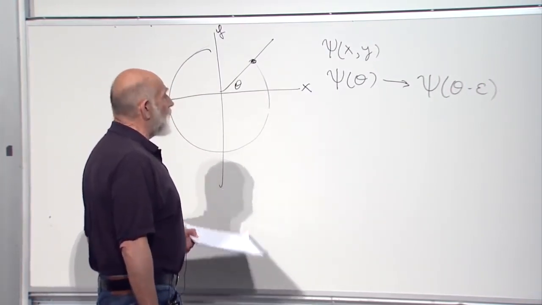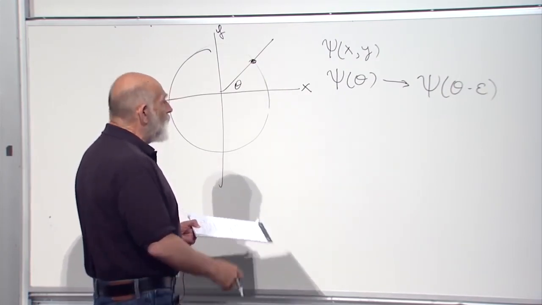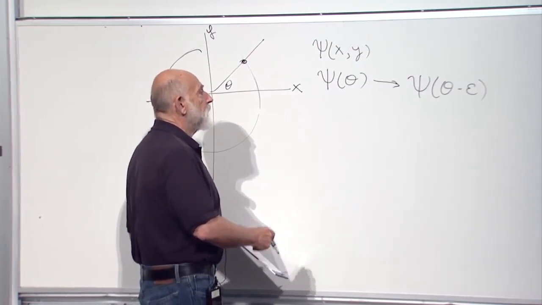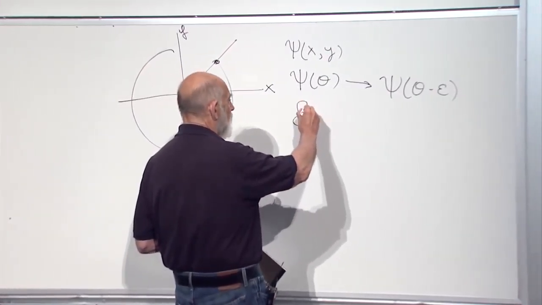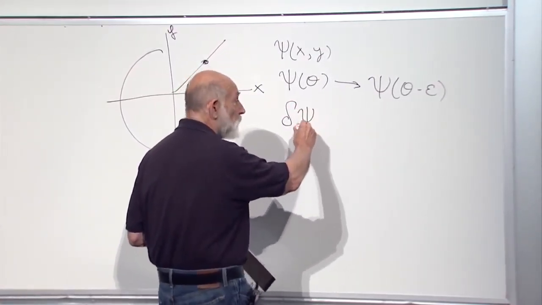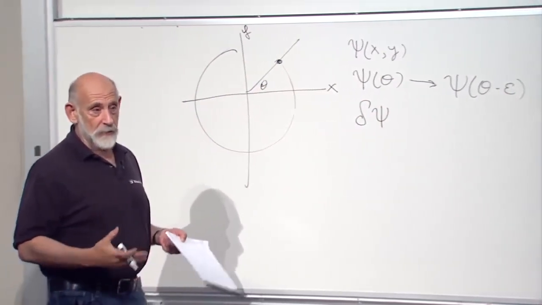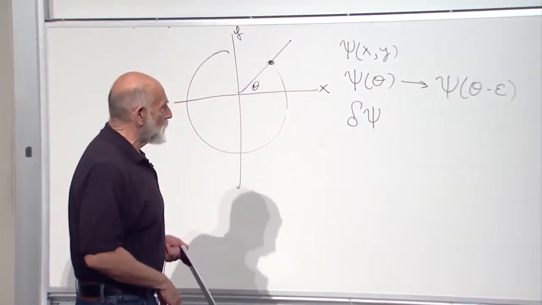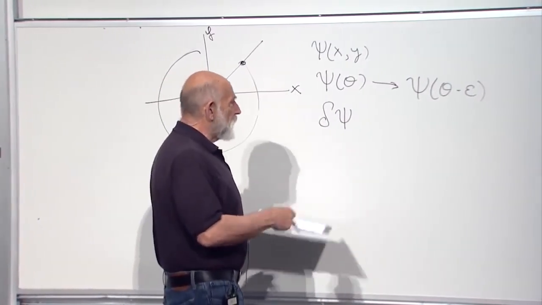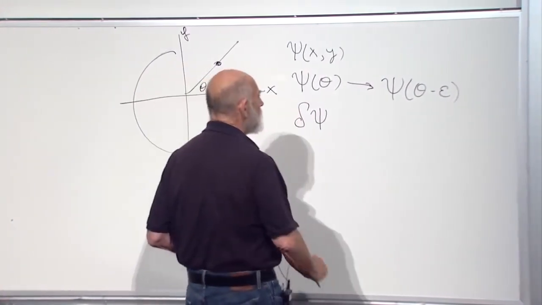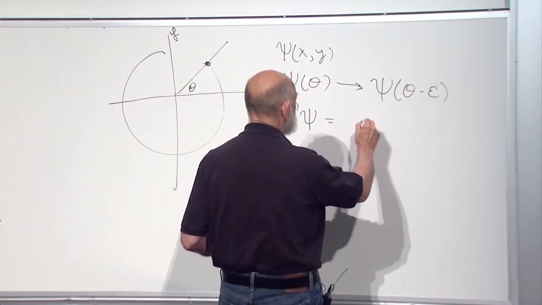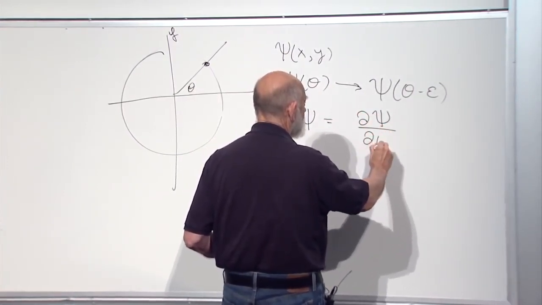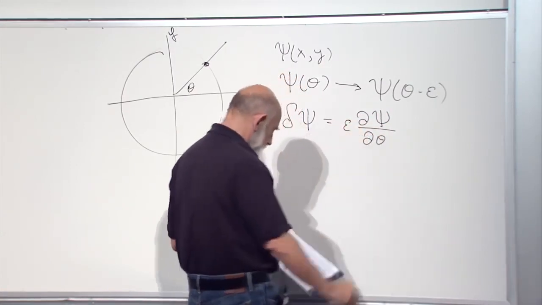So psi goes to psi of theta minus epsilon, or another way to say the same thing is that the change in psi, where epsilon is our small number, so small that its square is 0, an infinitesimal number, is equal to the derivative of psi with respect to theta times epsilon.